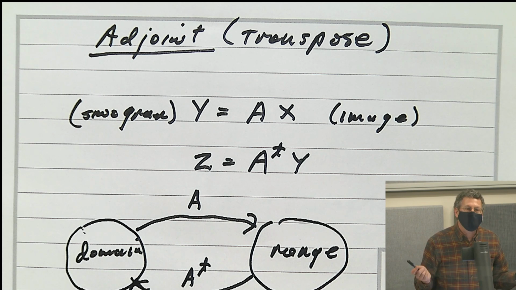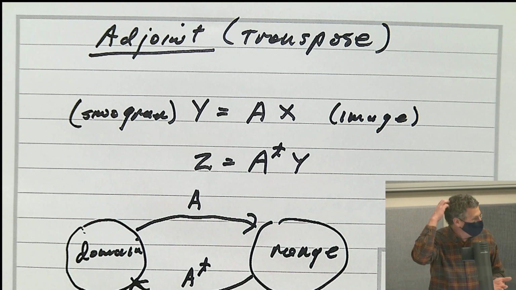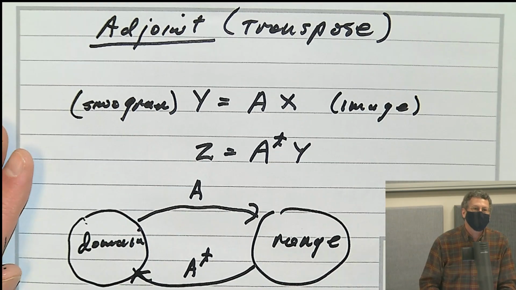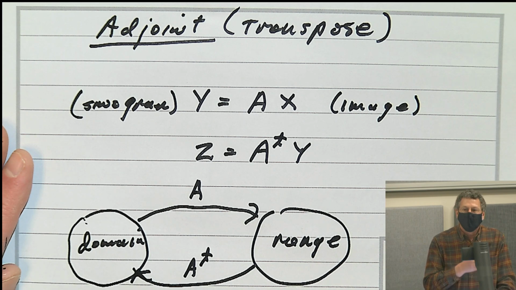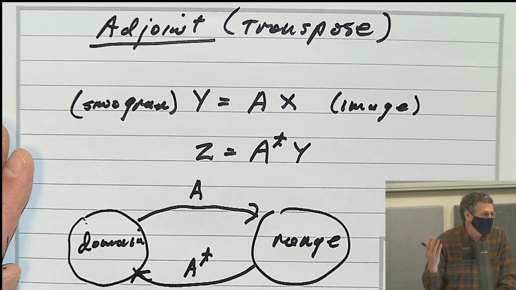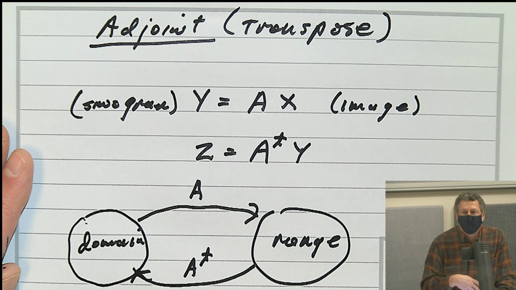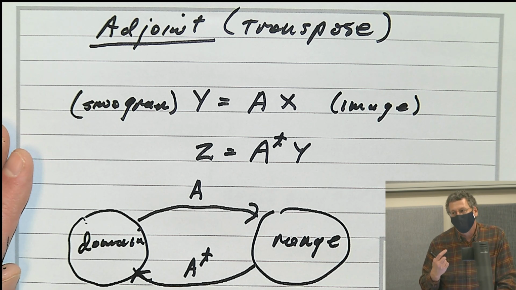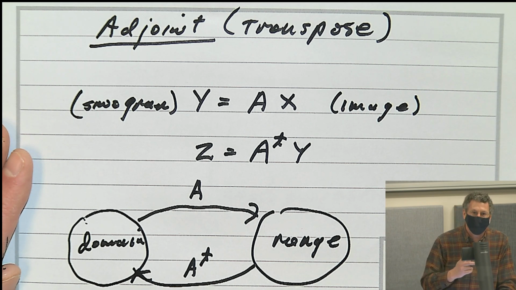The adjoint is not the inverse in general, although it may be, but it does have the property that it goes from the range to the domain, okay? And the back projection is the adjoint operator for the forward projection. So it takes the sinogram data and turns it into an image. It's not the inverse, but it is the adjoint, right?